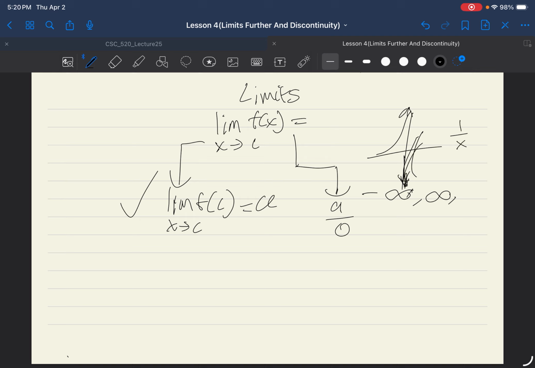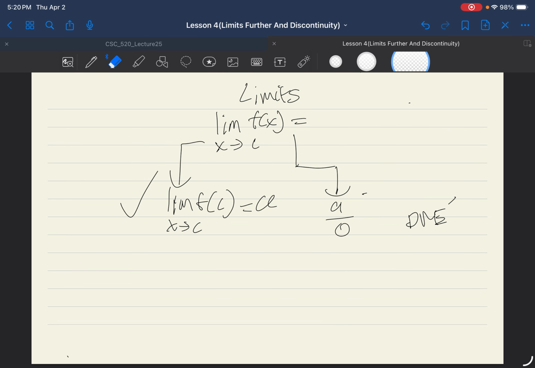This is the most famous example. The right side is going to positive infinity and the left side is going to negative infinity.